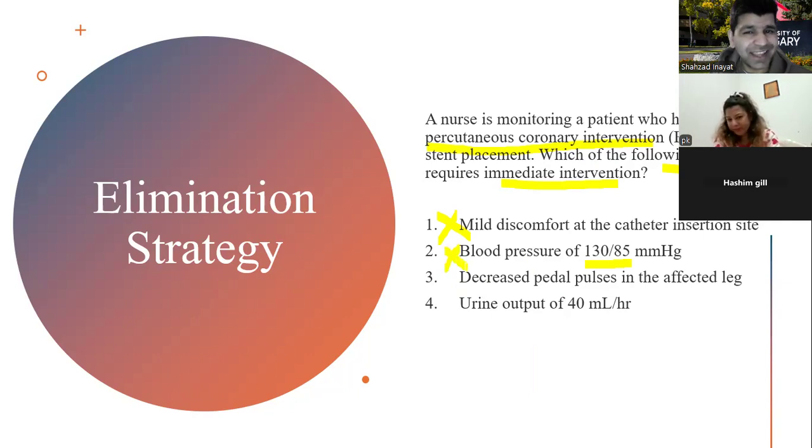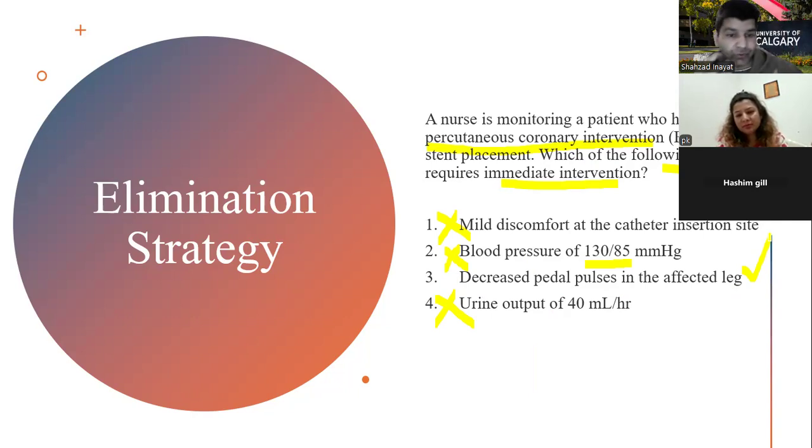This is not that high, which requires immediate intervention. Urine output of 40 ml per hour is pretty fine. We don't need to do anything with this. So what's the right option? Three, the third one is the right option.